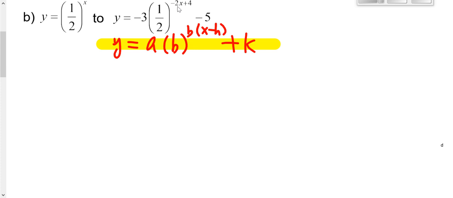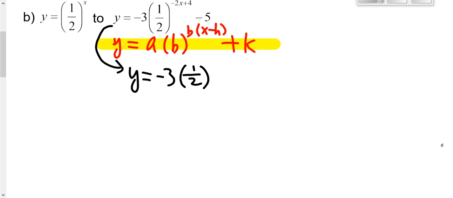So if you rewrite this, y is equal to negative 3 times 1/2 raised to the power of negative 2 times (x minus 2), and then minus 5 here.